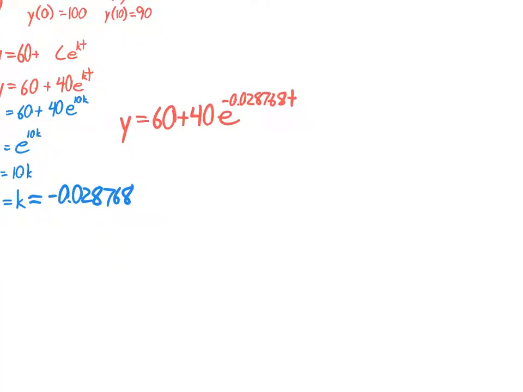Well, that's just a simple matter of plugging in 80 for y. 80 equals 60 plus 40 e to the negative 0.028768 t power. I subtract 60, I divide by 40, I get a half.